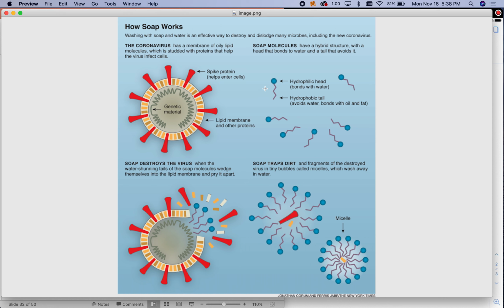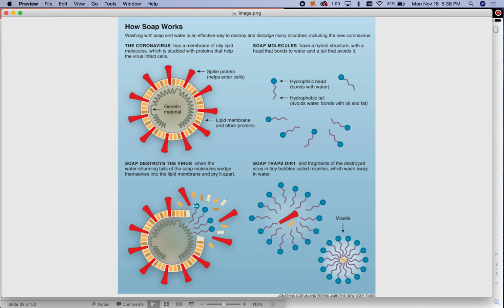And so what happens is, when you're washing your hands, you put soap on your hands, and you've got water, and you're mixing it around. The non-polar part is attracted to the non-polar membrane of the coronavirus, and it literally breaks it apart. So these ends, again, are associated with water.